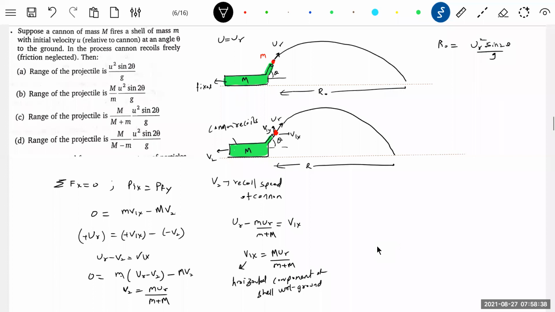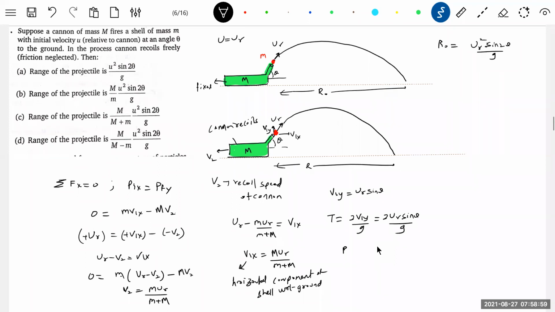The vertical component is just ur sin theta, and we'll determine the time of flight as 2 v1y by g, so 2 ur sin theta by g. That ur is nothing but u, as already indicated.